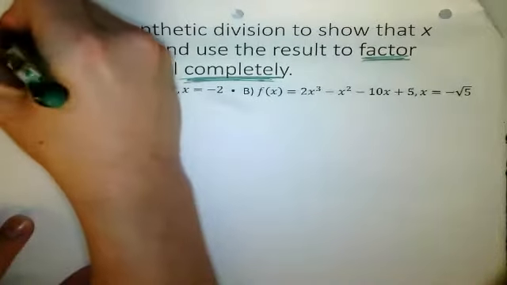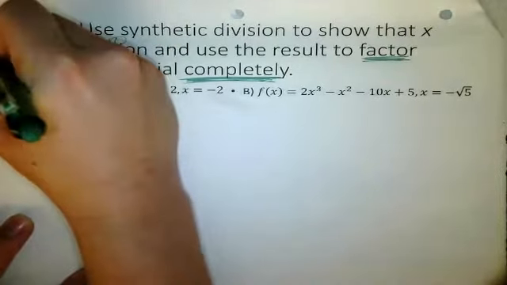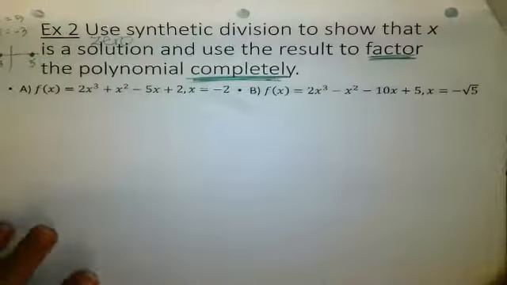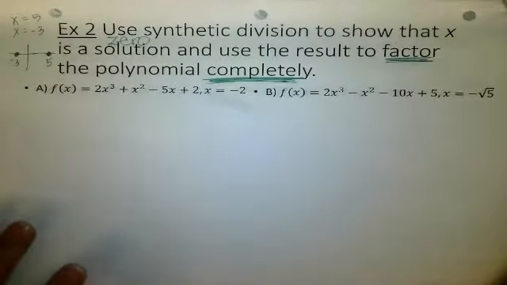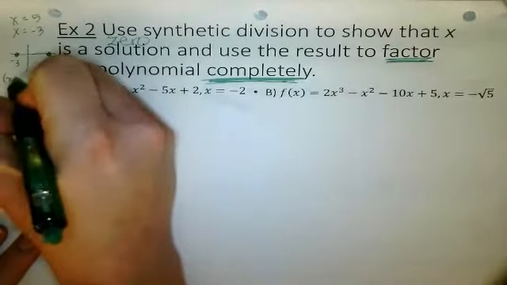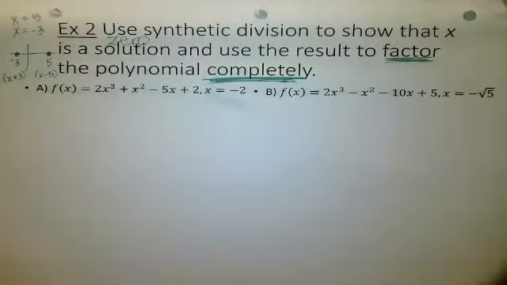If I know that x equals -3 is a 0 and x equals 5 is a 0, I know that they're zeros. What factor did they come from? X plus 3 and x minus 5. So if we know something is a solution, then we know it's a factor.